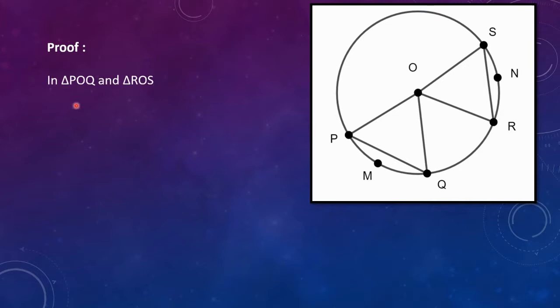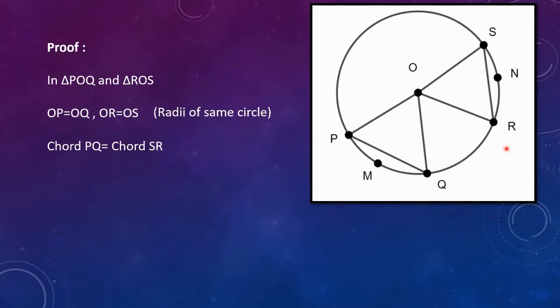In triangle POQ and triangle ROS, OP is equal to OQ and OR is equal to OS. The reason being they are the radius of the same circle. Chord PQ is equal to chord SR. This is given to us.